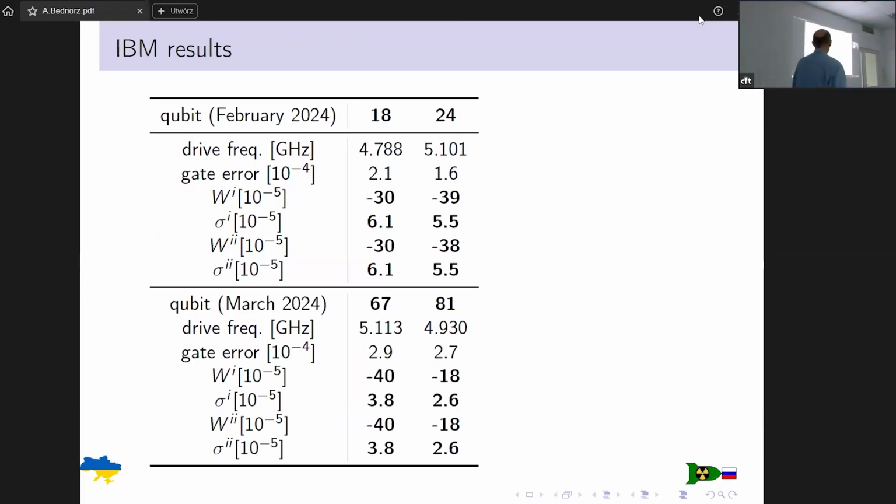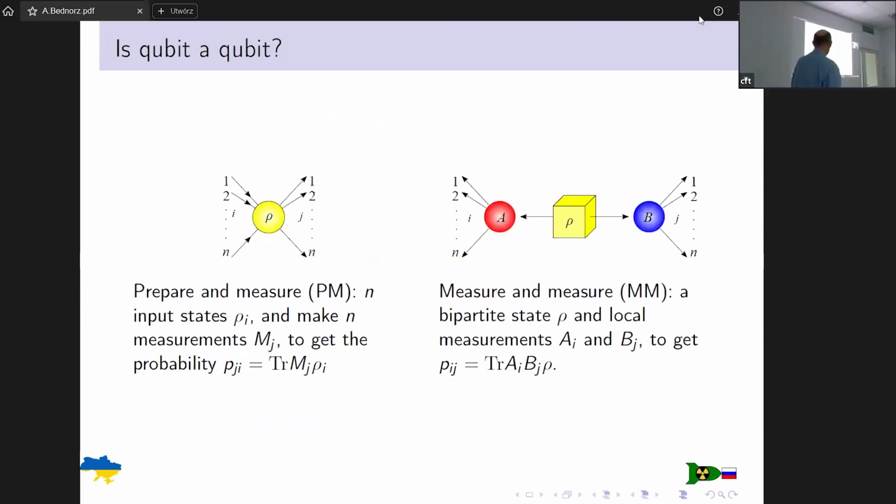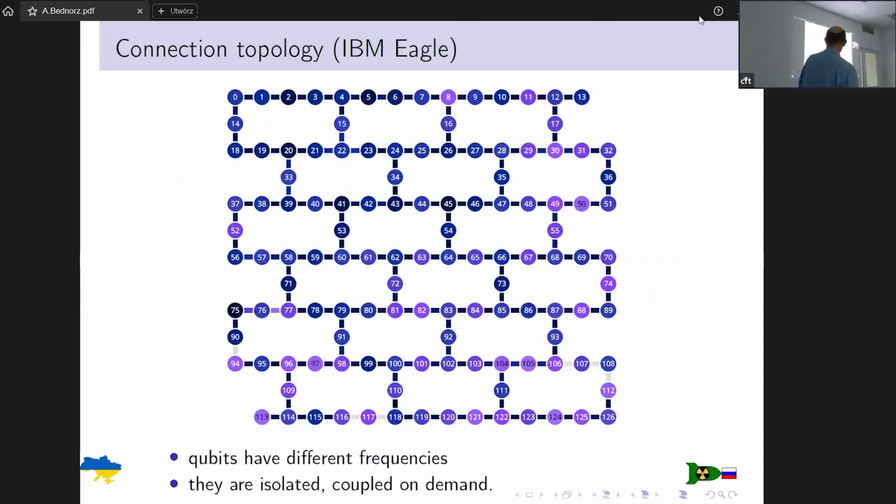Okay, results. I'm cheating a bit, because I'm showing you the most faulty qubits. It's not that all of them are faulty. Let's come back to this grid.